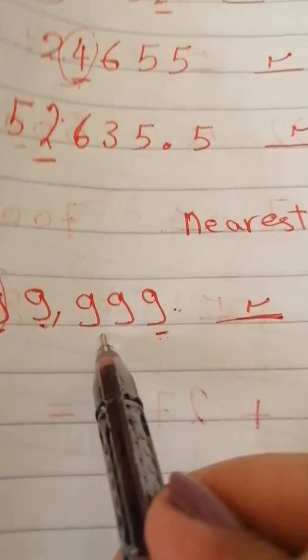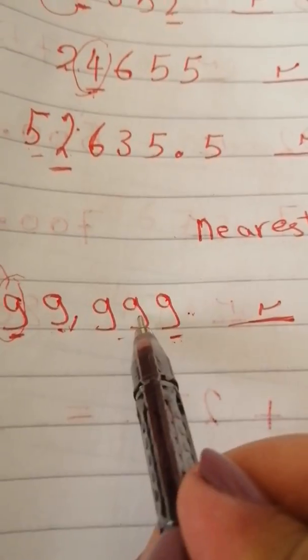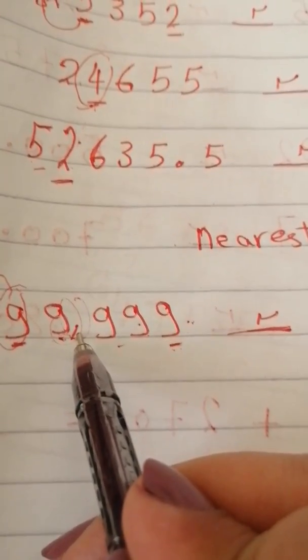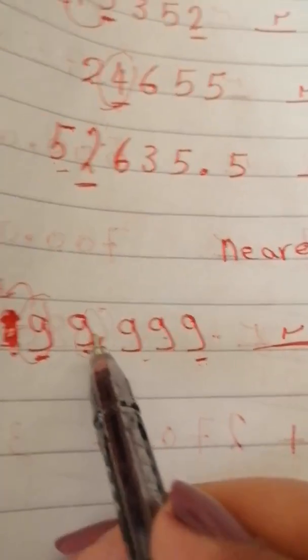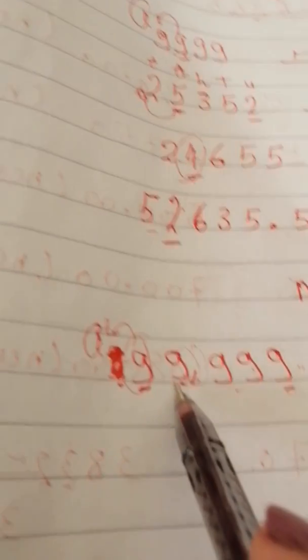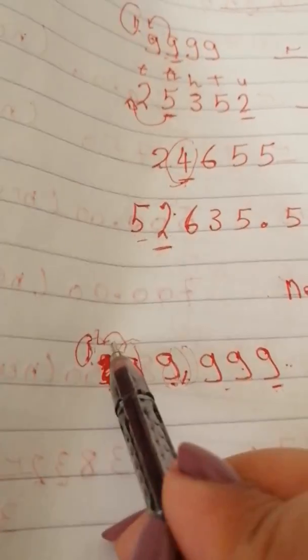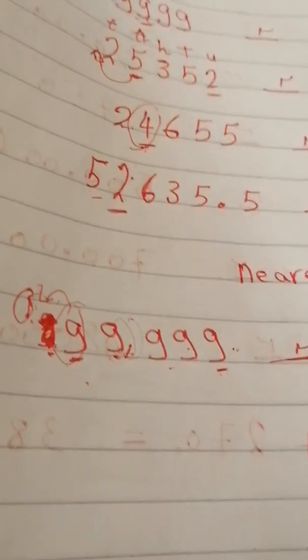Units 0, tens 0, and hundreds 0. You look at the 1,000s. The 9 in the 1,000s is more than 5. It gives me 1, then 1 plus 9 will be 10. The number is 100,000.